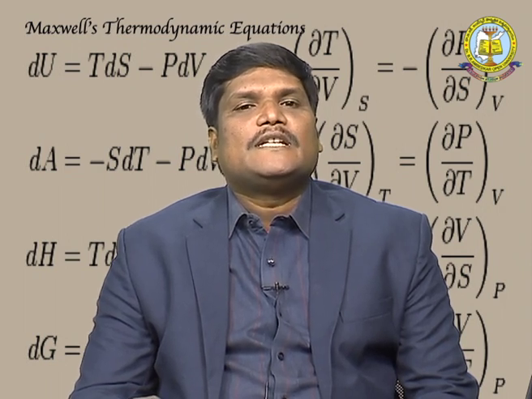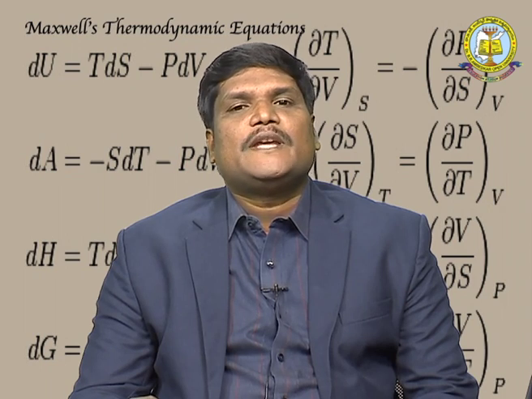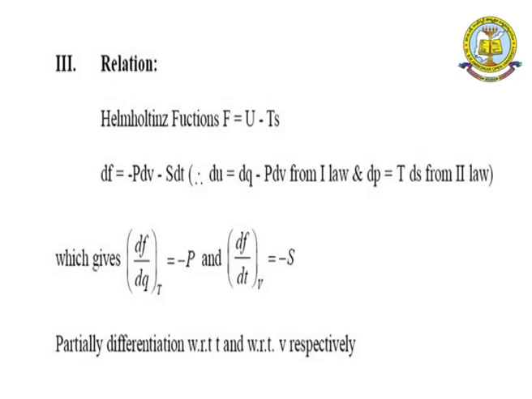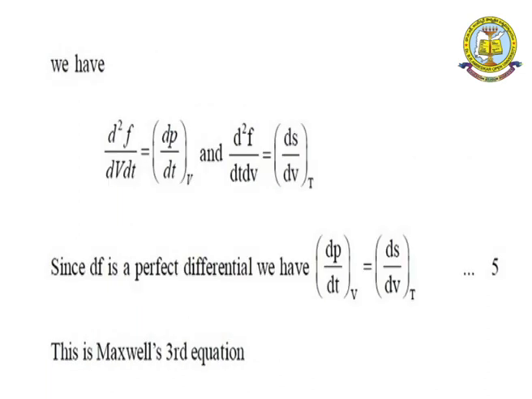This gives (∂F/∂V) at constant T equals minus P, and (∂F/∂T) at constant V equals minus S. Doing the partial differentiation with respect to T as well as with respect to V, we get ∂²F/∂V∂T equals (∂P/∂T) at constant V, and ∂²F/∂T∂V equals (∂S/∂V) at constant T. Since dF is a perfect differential, we have (∂P/∂T) at constant V equals (∂S/∂V) at constant T. So, this is Maxwell's third equation.